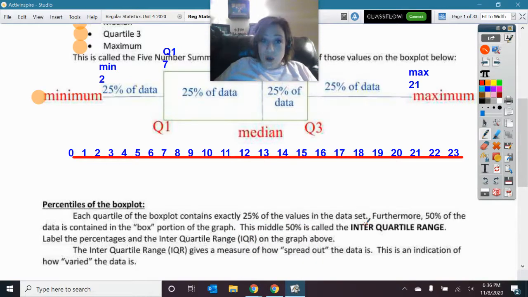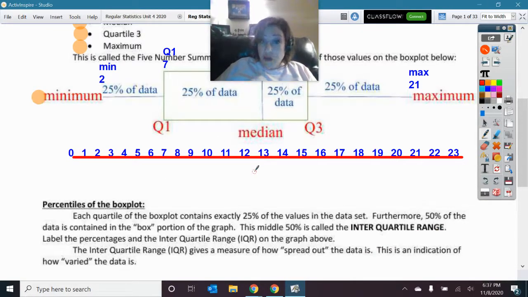That interquartile range is an important indicator of the spread of the data, because half of it is centered from Q1 to Q3. So that has its own name. It is called interquartile range. It is the middle 50%.